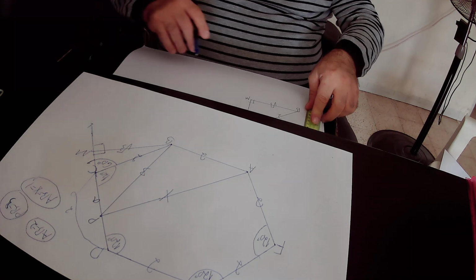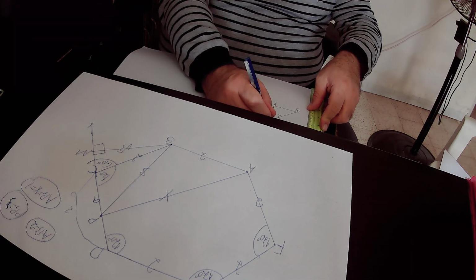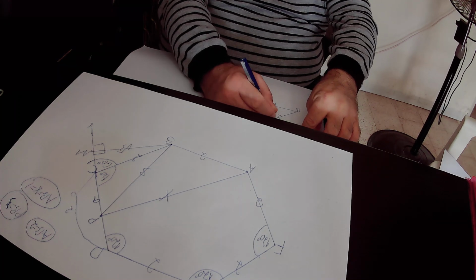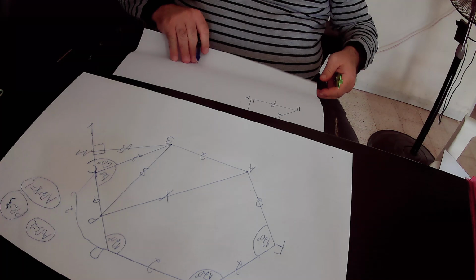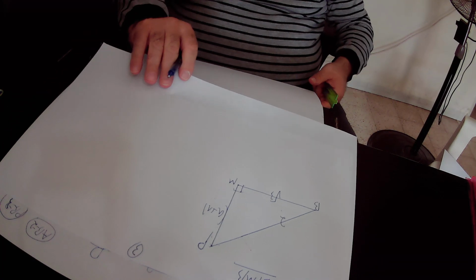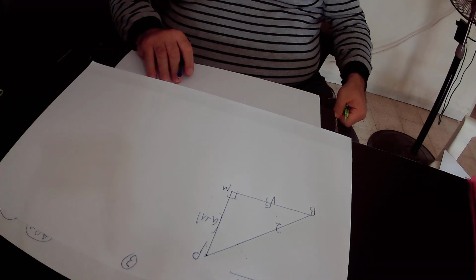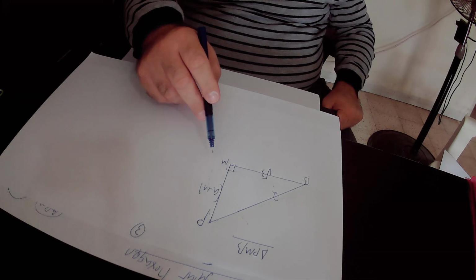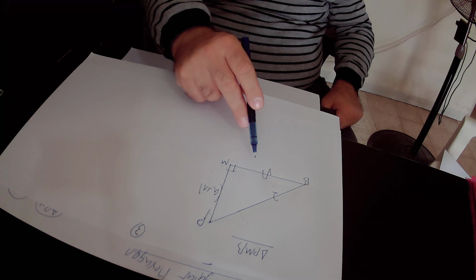PM equals A plus 1 units in its length. BM equals the square root of 3 units.